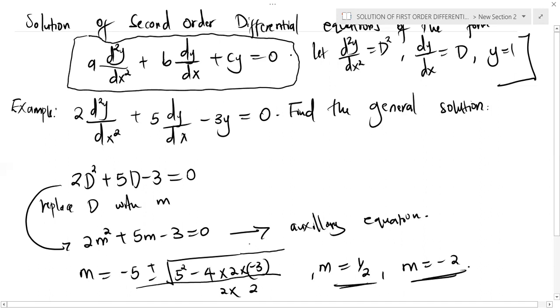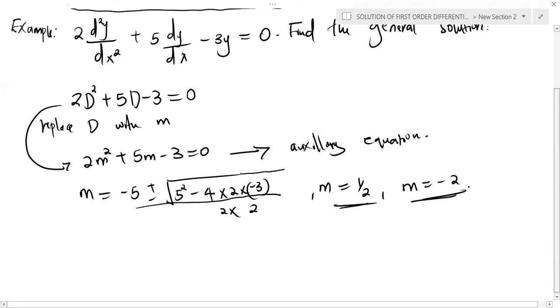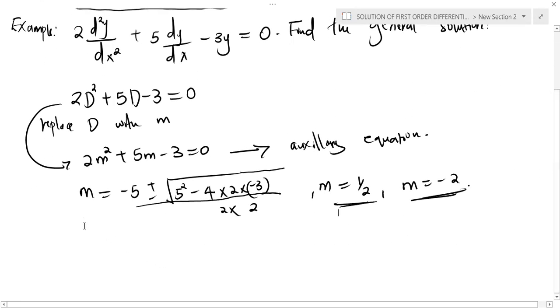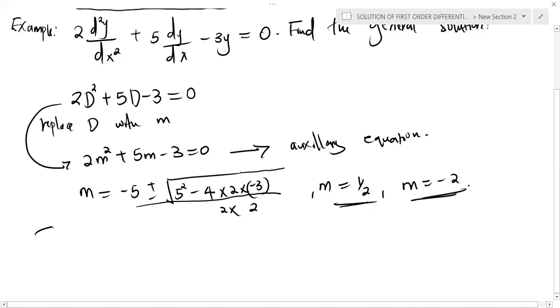Now, depending on the roots you've gotten, there's a general formula for writing your complementary function, or just writing the general solution. In here, the roots, as we can see, are real and different.